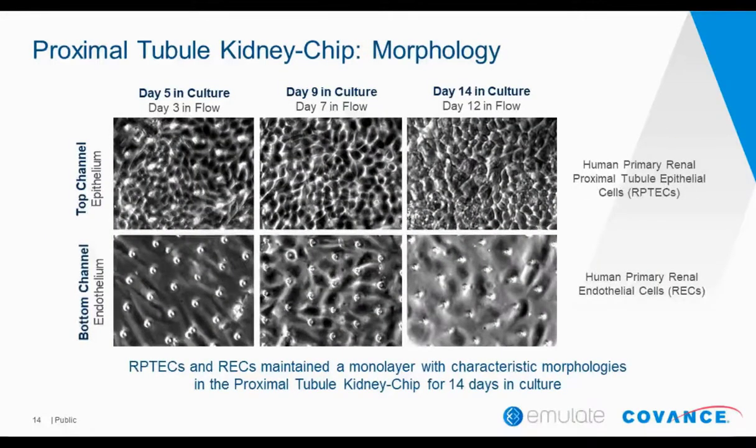Here are some example images of the characteristic morphology of the proximal tubular epithelial and renal endothelial cells within the proximal tubule kidney chip. You can see monolayers of both cells maintained throughout the culture under flow in the chip. And you can monitor this type of cell morphology under the bright field microscope anytime during your culture.